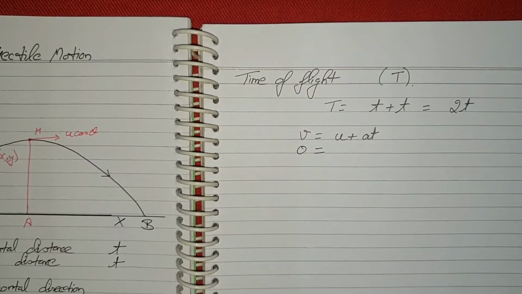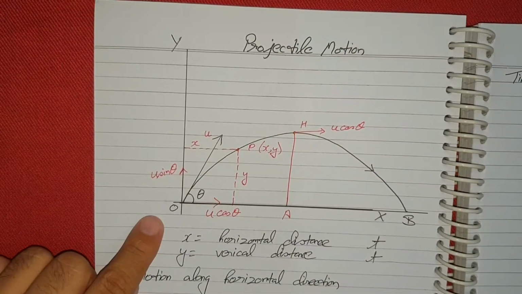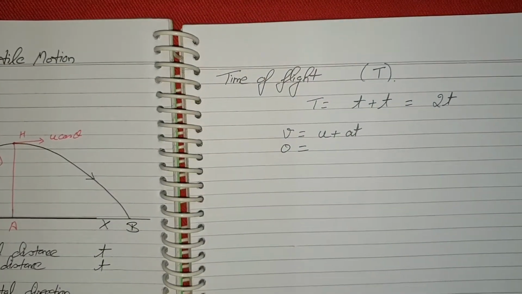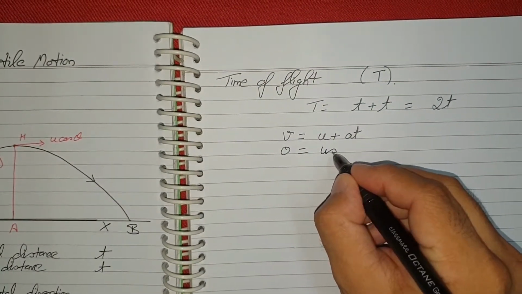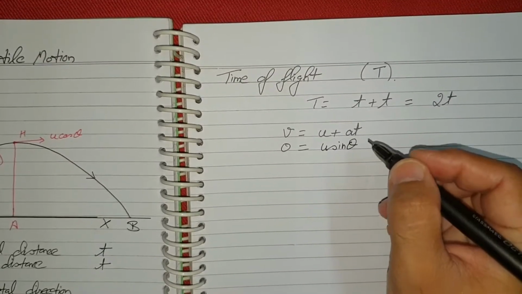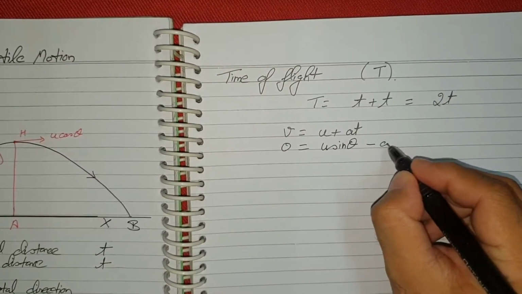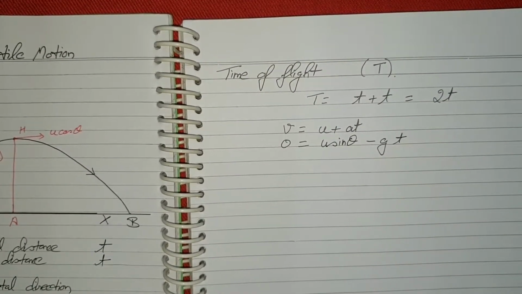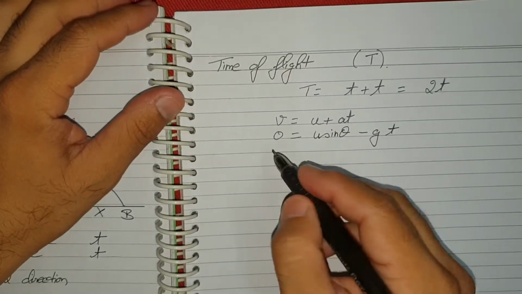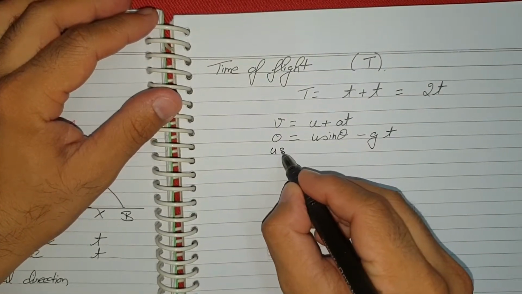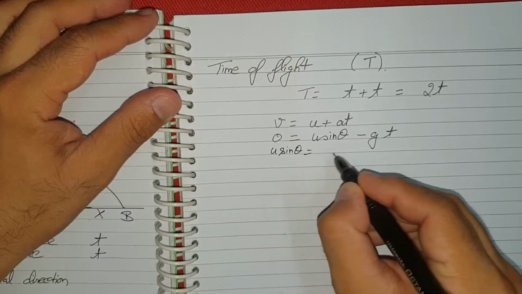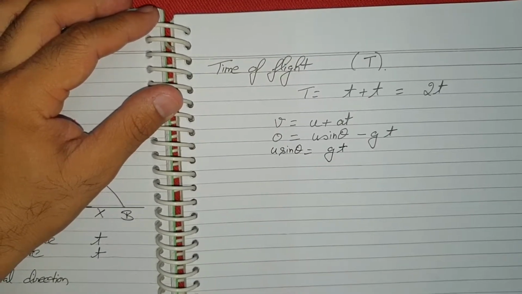It was u sin theta. So 0 equals u sin theta, again a will be minus g into t. So you can write this as u sin theta equals gt.